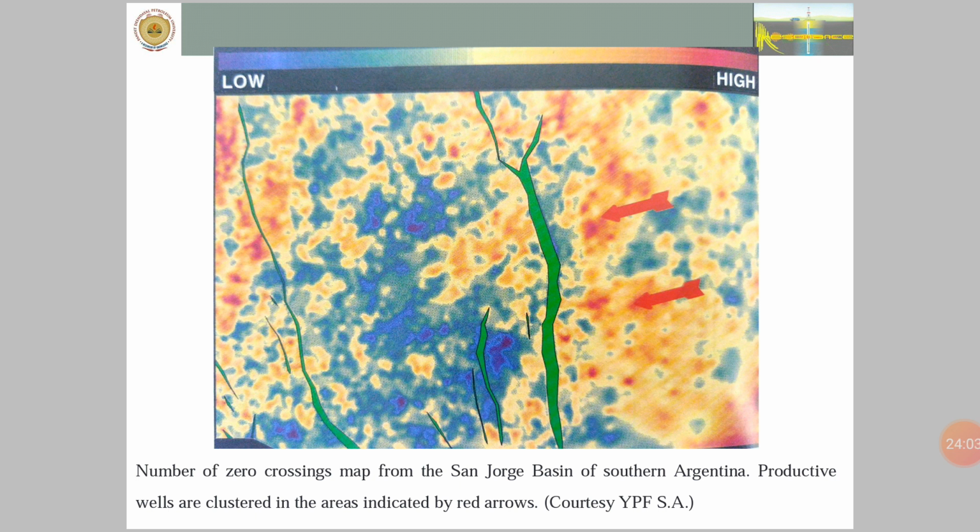Reflection heterogeneity and use of different frequency and amplitude attributes together will give us a very good understanding of the hydrocarbon presence. With this, we end the presentation today, and we look forward to more understanding of attributes in the next video.